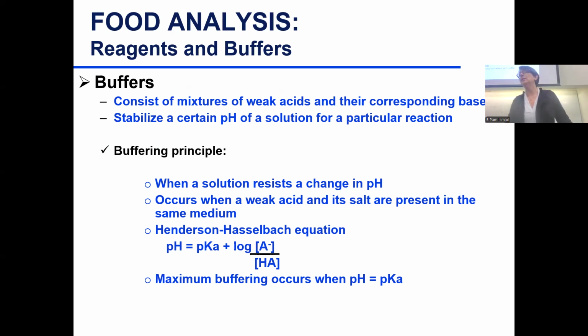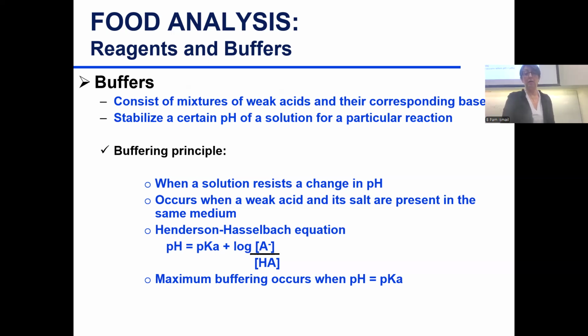That's what pKa is: the pH at which you have maximum buffering capacity, when the concentration of dissociated equals the concentration of associated. So you want to know this equation, okay? Because we're going to need it for buffer calculations.